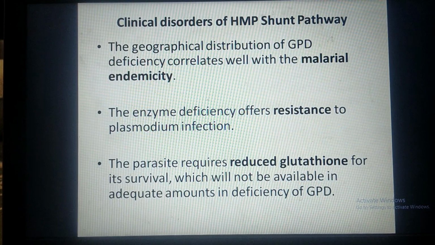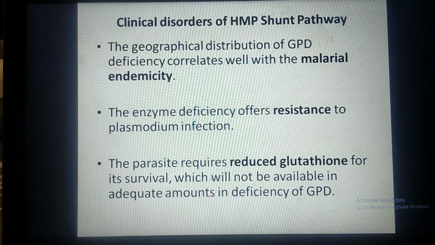The geographical distribution of G6PD deficiency correlates with malarial endemicity. Endemicity means that where the cases of malaria are more in an area, that area is called endemic.